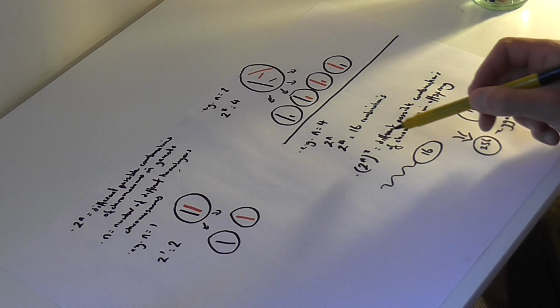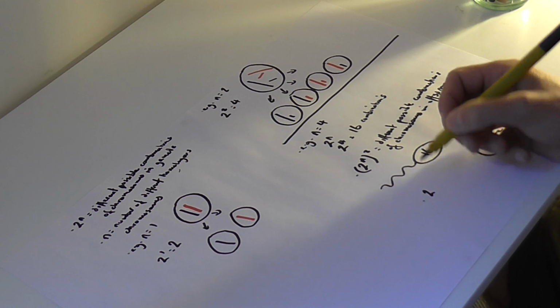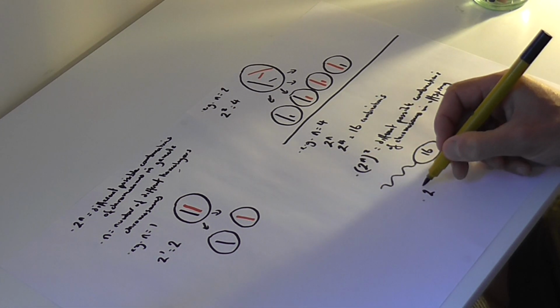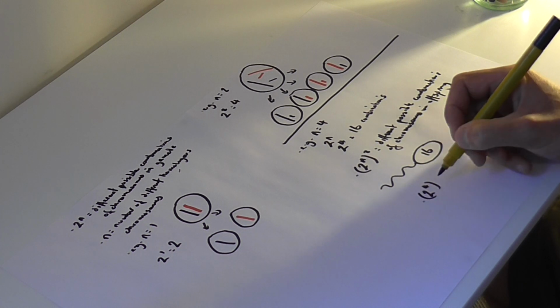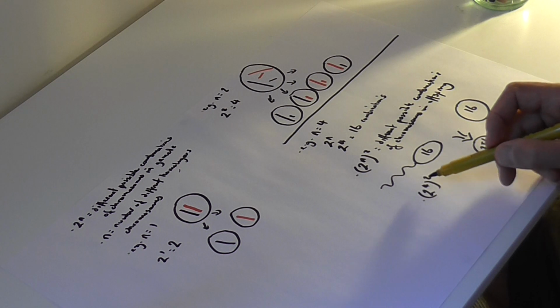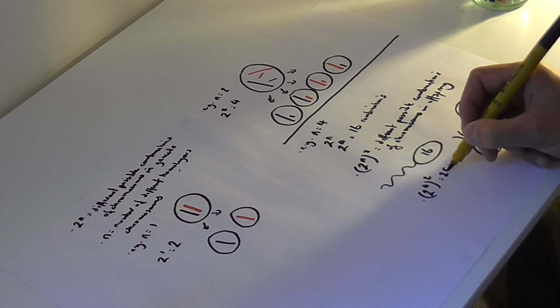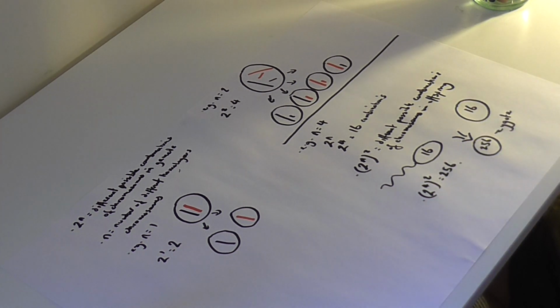And if we just run that through the formula, n is 4, and then you're squaring it, so 2 to the power 4 is 16, and then you're squaring it, equals 256.